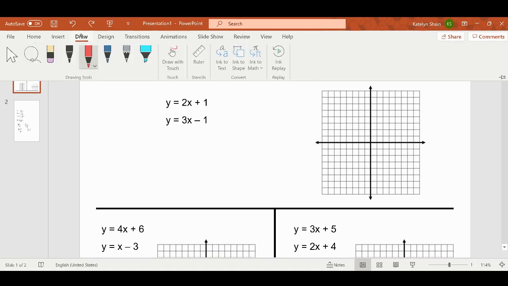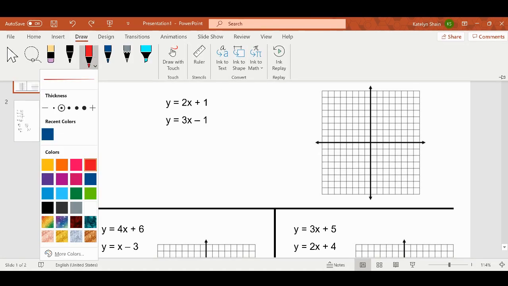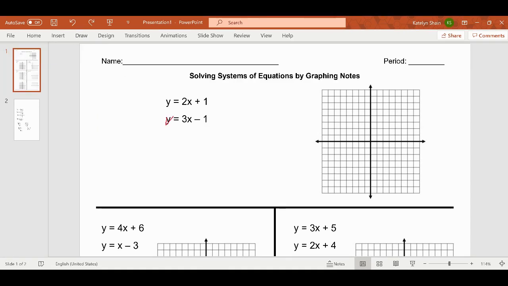So first, let's just focus on graphing a line. Let's focus on this first one here for now. Don't cross that out on your paper because we'll do it in a second. But first, let's just focus on that first one. So this is written in what's called slope-intercept form.